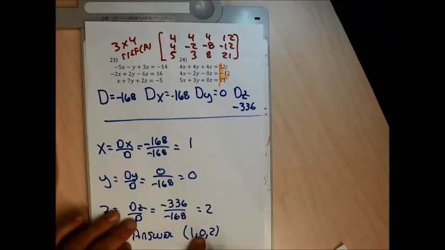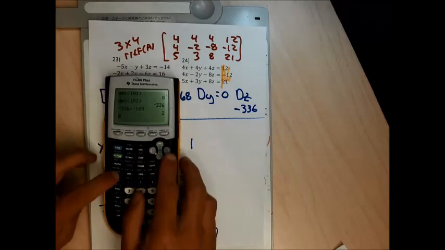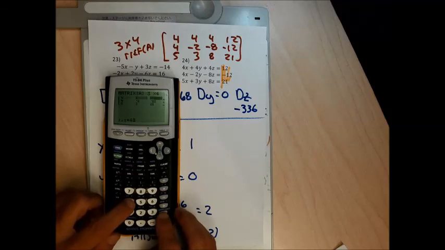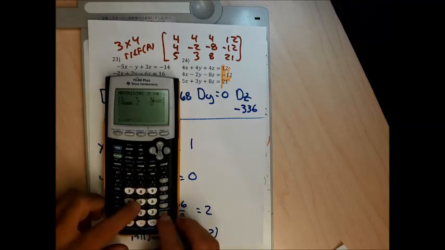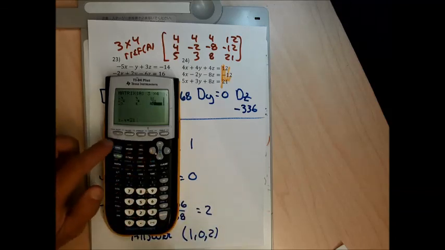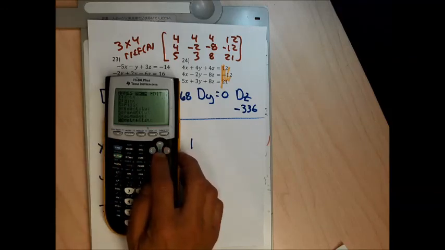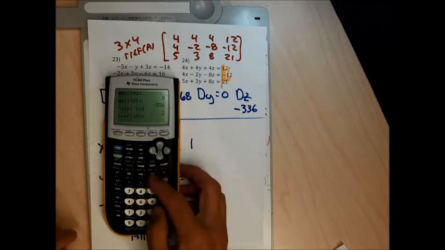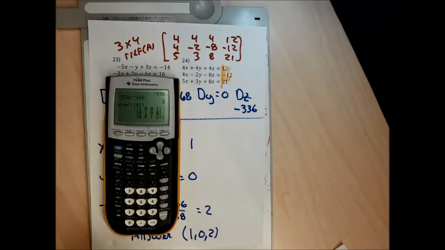And I should see in the right-hand column 1, 0, and 2 if I did this right. So second matrix, edit, 3, enter, 4, enter. Feel like that's okay. So second quit, second matrix math, RREF, second matrix names, and I see 1, 0, 2, so I think my work is perfect.